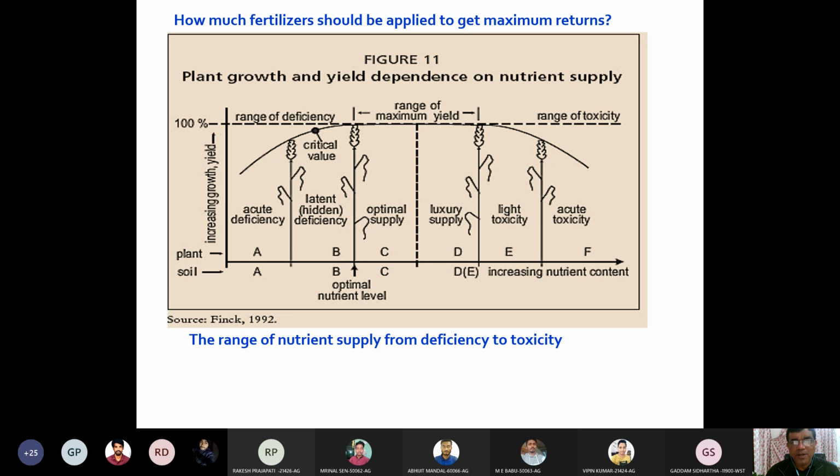So actually, what happened? People have conducted a number of experiments on fertilizer and yield relationship in different crops, or growth and fertilizer application. In most of the studies they have found that this critical level comes at 90% of the growth stage, because you will decide the optimum dose of the fertilizer, where you get maximum economic return.